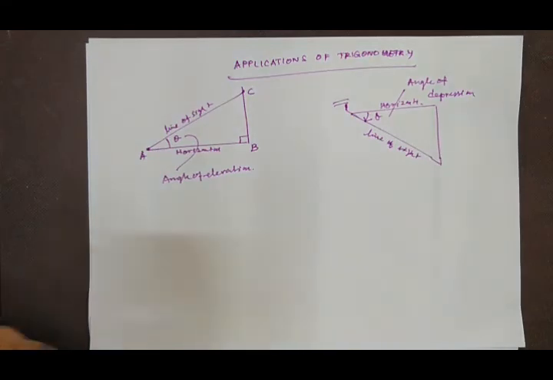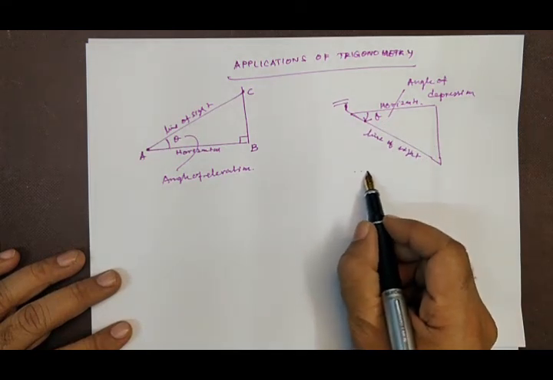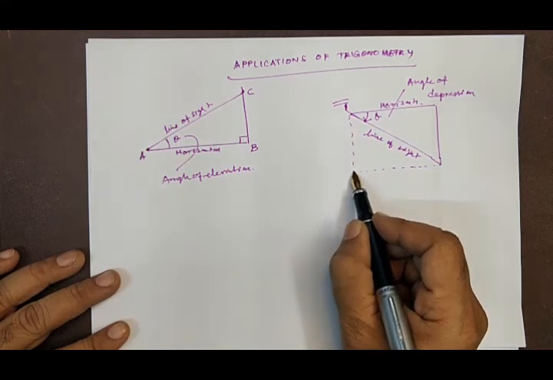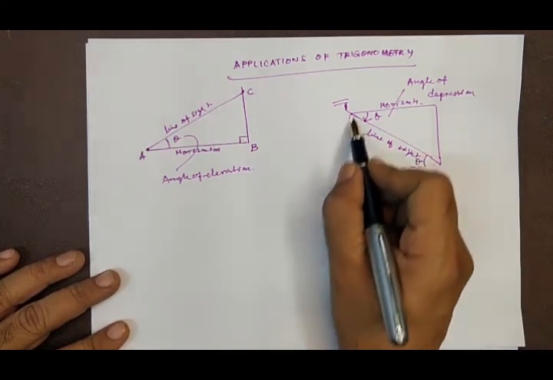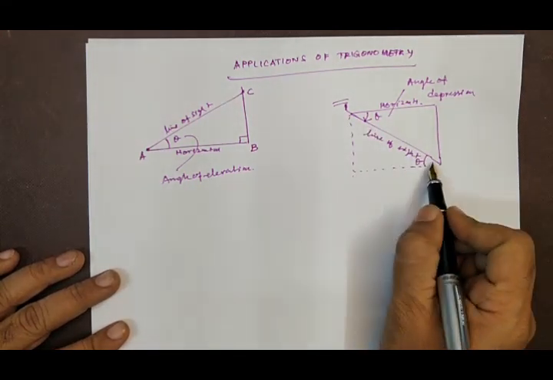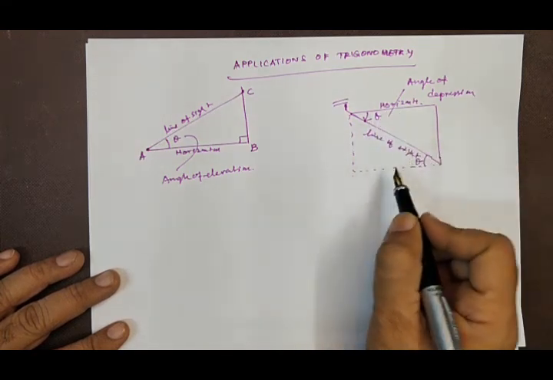Okay, and based on that we can work out. Suppose it is an angle of depression, now we can draw another triangle like this and make it a rectangle, so that this becomes theta. As far as this part of the triangle is concerned, this is the angle of elevation, but this is the angle of depression. So the angle of depression can be converted in this way.